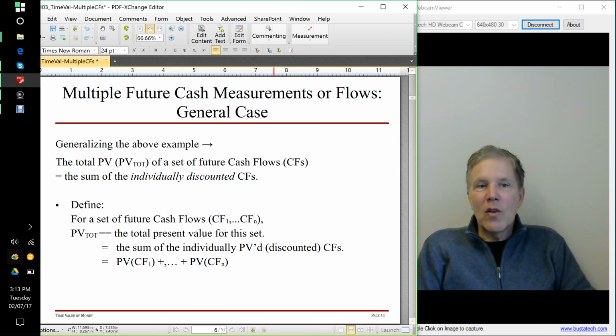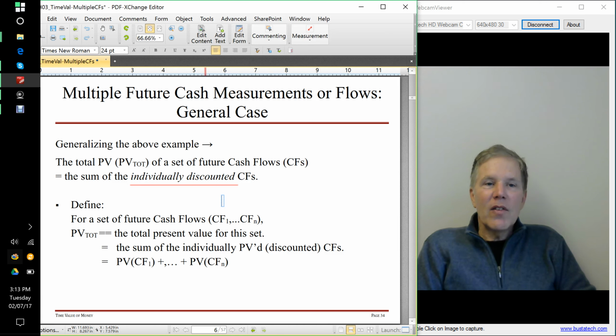So in general, we can say the total PV, or PV tote, of a set of cash flows that happen in the future is simply the sum of each individual cash flow after it has been individually discounted back to t equal 0. So I want to emphasize that: individually discounted cash flow.